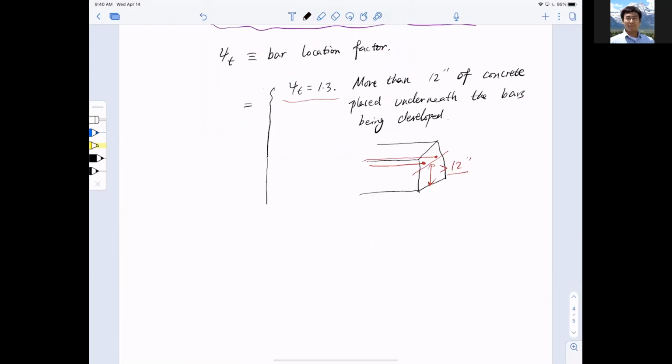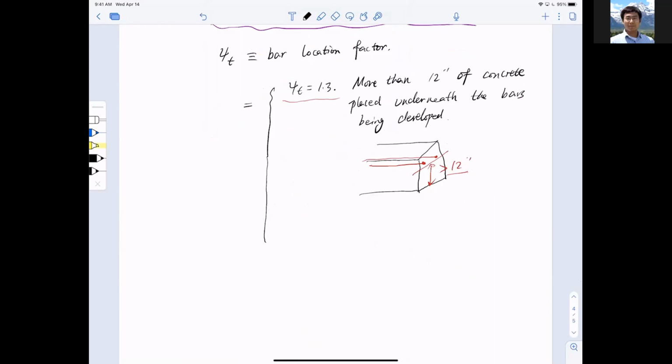Why that? Its actual meaning is, if I have the bars being developed on top, when I pour the concrete, the aggregates tend to drop to the bottom. So there is not much aggregate on the top, just so-called cream, the fine cement from surface finishing.